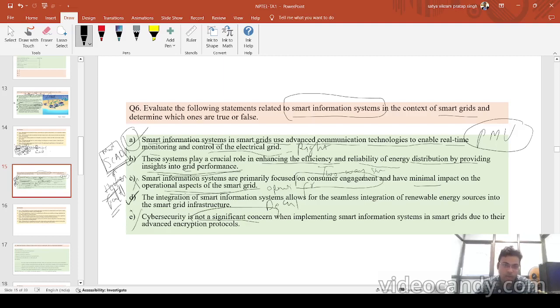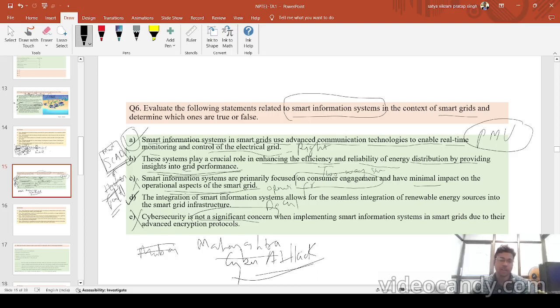That is false. Why? Because you can see the recent Mumbai, Maharashtra blackout was due to a cyber attack. So you need a cyber resilience system for this smart grid.